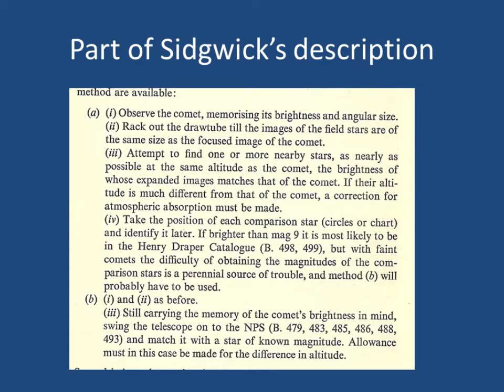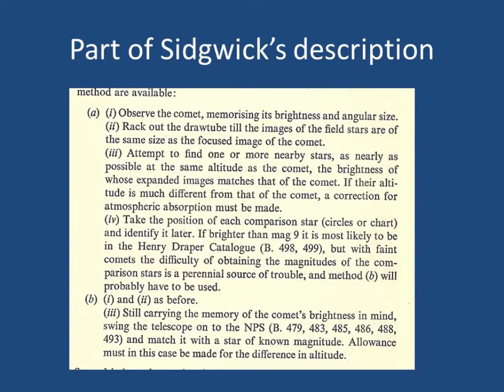Observe the comet, memorising its brightness and angular size, rack out the draw tube until the images of the field stars are the same as the focus image, attempt to find one or more nearby stars, if possible the same altitude as the comet, and the brightness of whose expanded image matches that of the comet. If their altitude is much different from the comet, a correction for atmospheric absorption needs to be made. Take the position of each comparison star, whether off your circles or the chart as used then, and if it's brighter than 9 it'll be in that Draper catalogue.